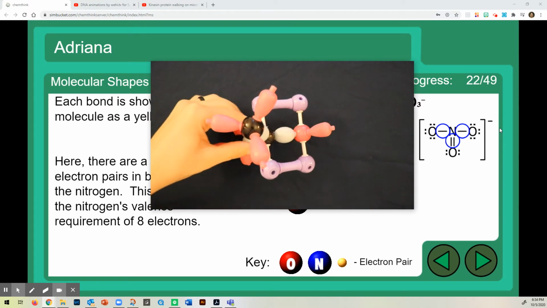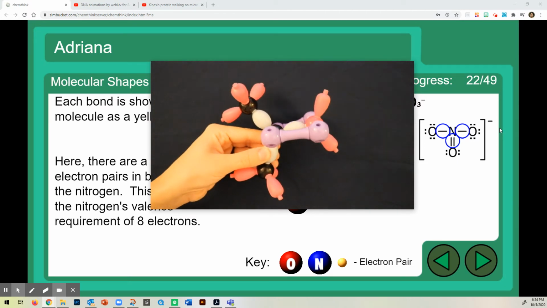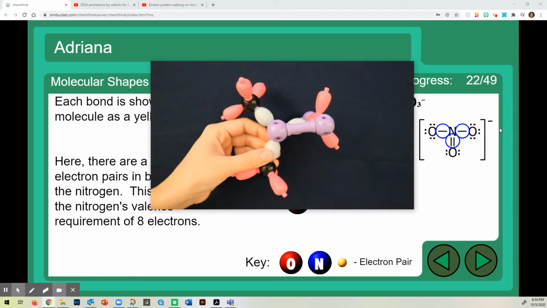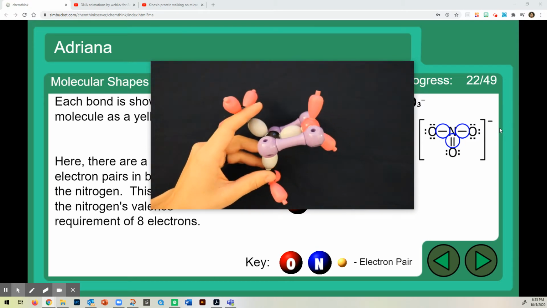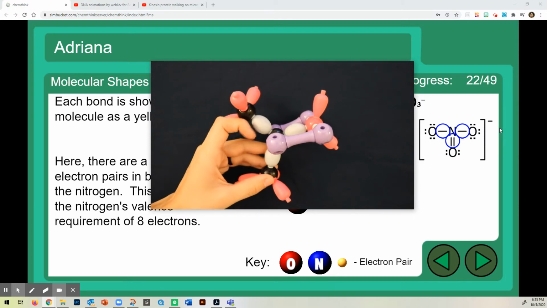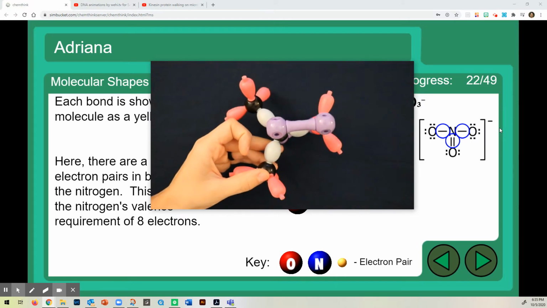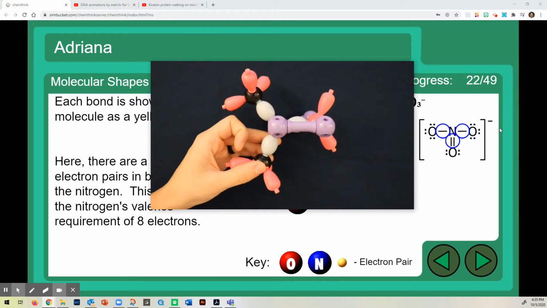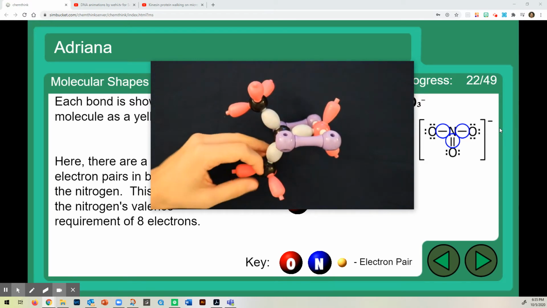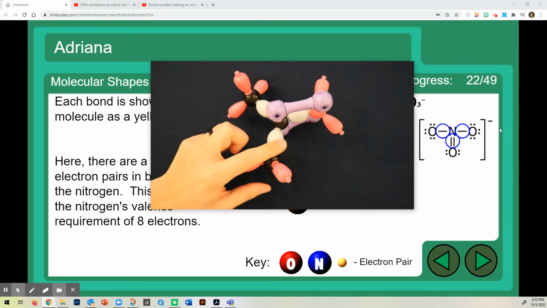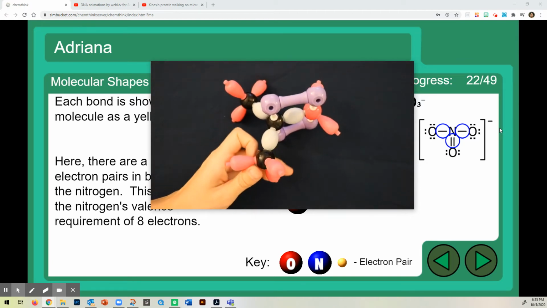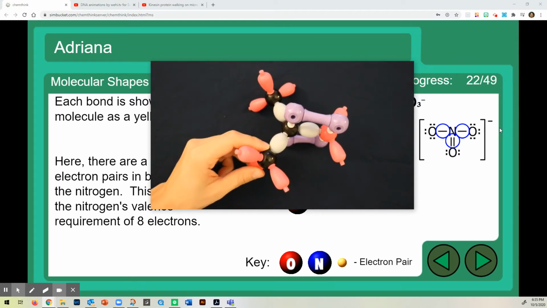And so we see that if we look at the shape that the atoms take, the atoms here, this nitrogen atom and then the 3 oxygen atoms, make this sort of flat triangle shape. It's a little more complex, right? There's all kinds of other things going on. We've got all these lone pairs on the oxygens. So the oxygens that have a single bond have 3 lone pairs that take up a bunch of space, right?